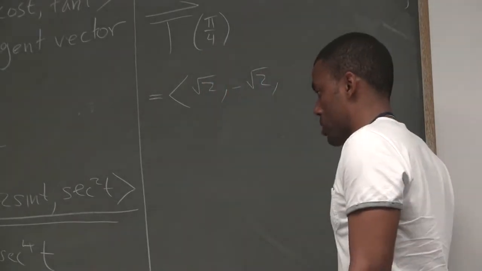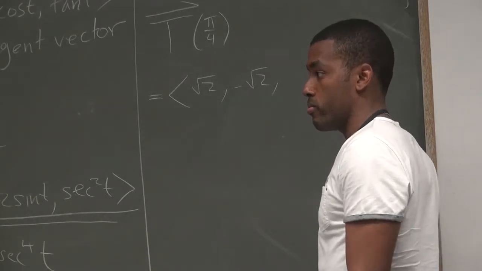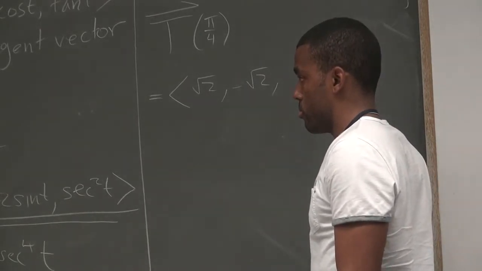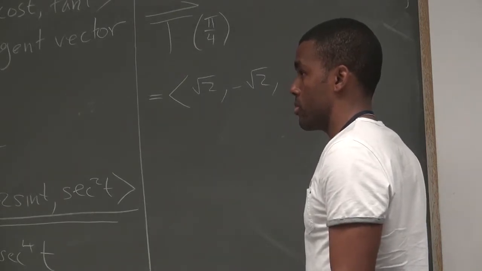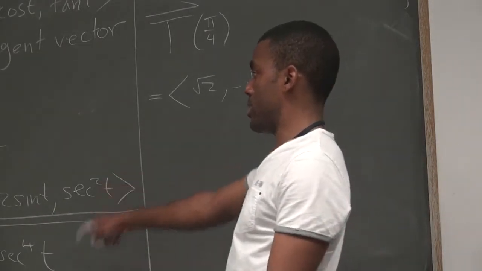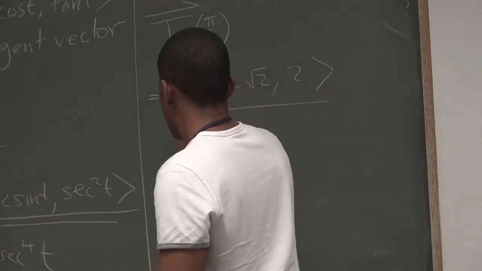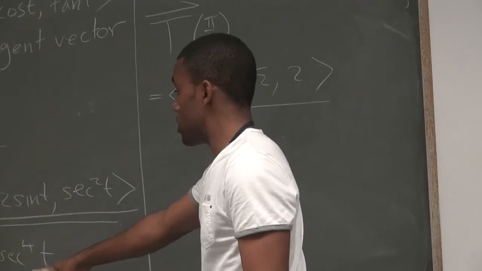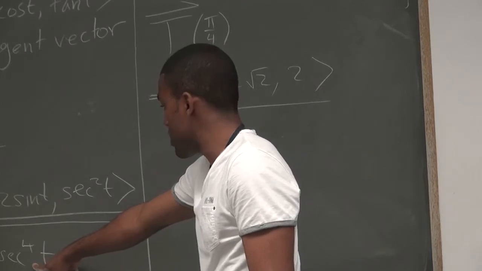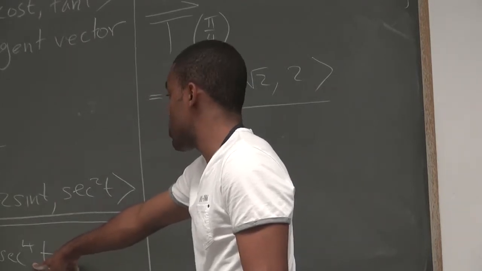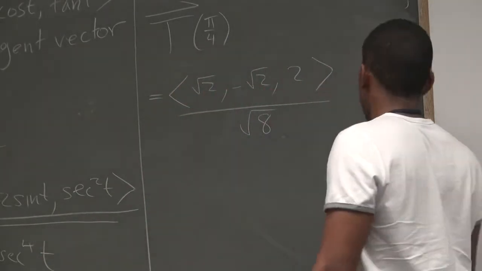Secant is 1 over cosine, so secant of pi over 4 is just radical 2, and then we square it, 2. And then secant here is radical 2, and then we raise it to the 4th. So we square it and then square it again, so that's 4. So this is radical 8.